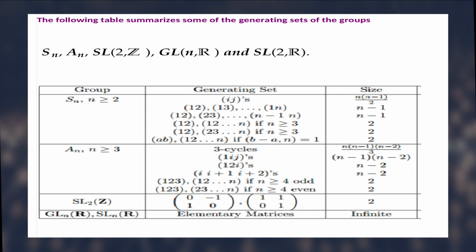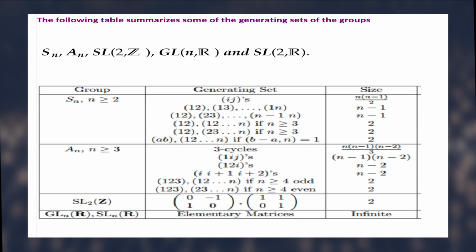If the group is S_n, n greater than or equal to 2 and the generating set is the transpositions (i j), then the size is n(n-1)/2. The transpositions (1 2), (1 3) and so on up to (1 n), then the size is n minus 1. If the generating set is (1 2), (2 3) and so on up to (n-1 n), then the size is n minus 1.